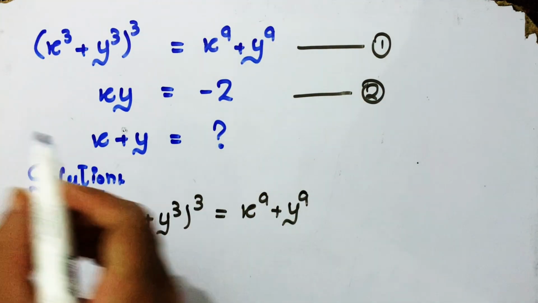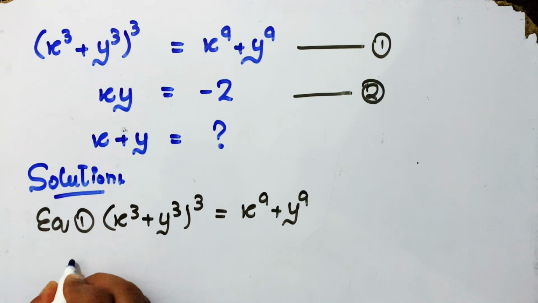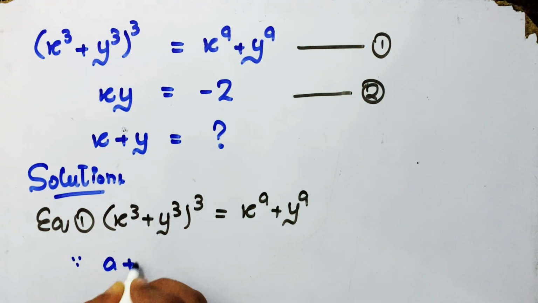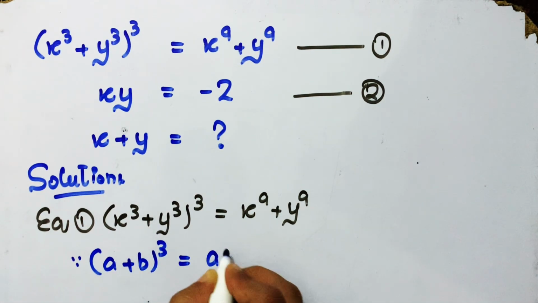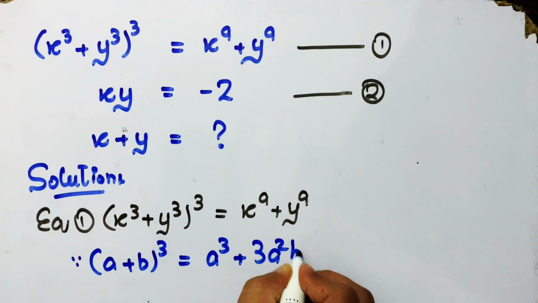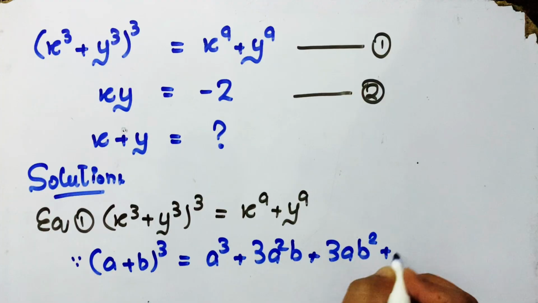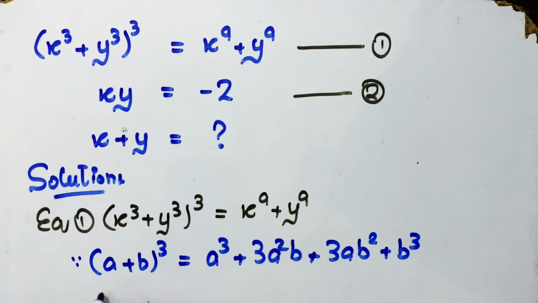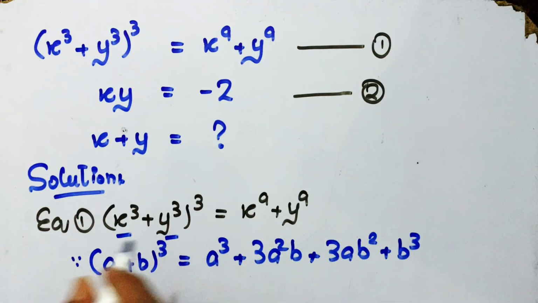As we saw, the formula of (a plus b) whole cube equals a cube plus 3a square b plus 3ab square plus b cube. Here a is x cube and b is y cube.